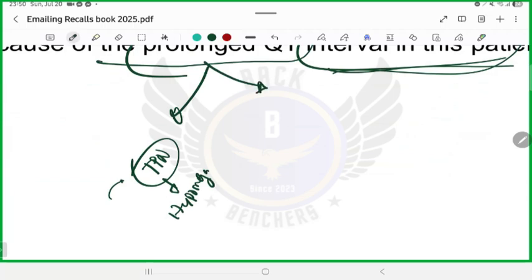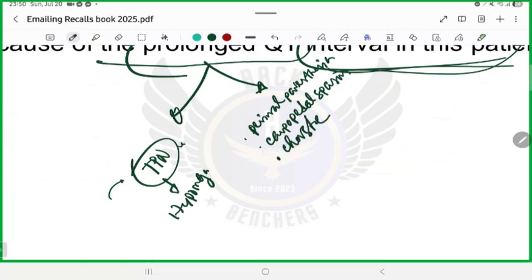And prolonged QT interval with perioral paresthesia, carpopedal spasm, and Chvostek's sign. You will have either this one or this one as presenting complaint. This will be hypocalcemia always.